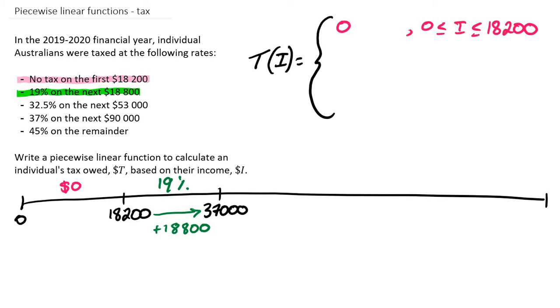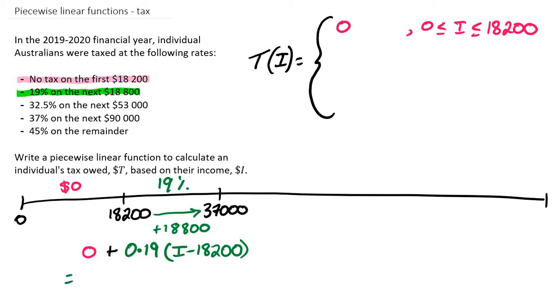So this portion of the piecewise function is going to pay the $0 from here plus 19%, 0.19 times the income minus 18,200. If we imagine someone's income is, say, there, they only pay 19% of this amount as their tax. Tidying that up will give us the next component.